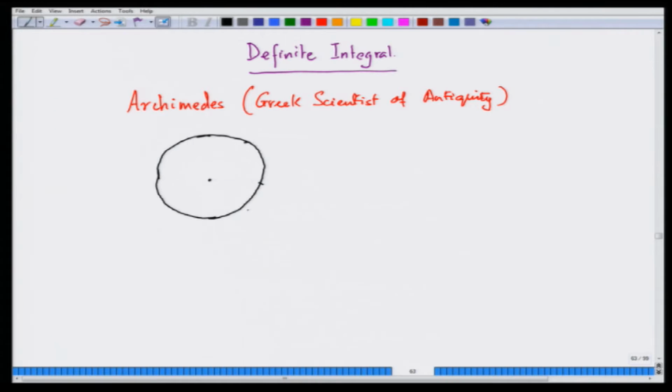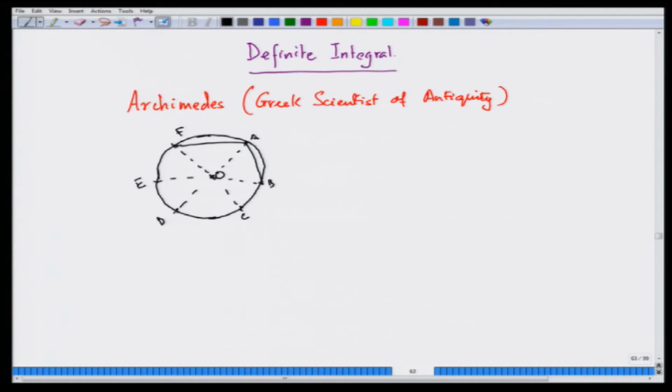I take some points, say A, B, C, D, E, F, and this is the center O. I join all these points to the center O, like cutting up a cake, and then you join the adjacent points.